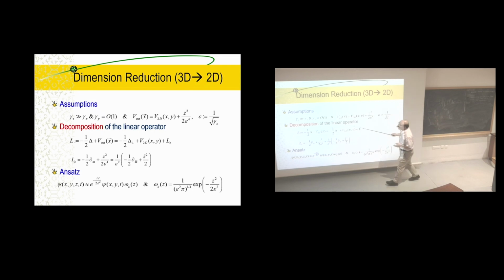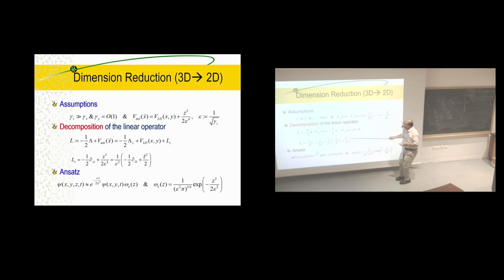Then the linear operator, minus one half Laplacian plus V, can be split into minus one half Laplacian in the xy direction plus V2D plus Lz. Lz is minus one half d_zz plus z squared over 2 epsilon to the power 4. So basically, in the z direction it is strongly confined. If you change variable z tilde equal to epsilon z, this can be written as 1 over epsilon squared times the classical standard harmonic oscillator Hamiltonian.